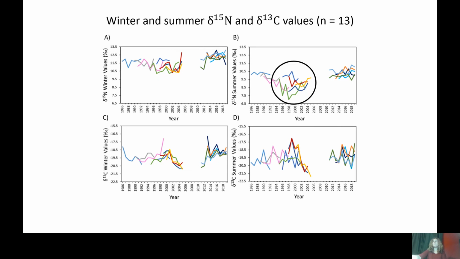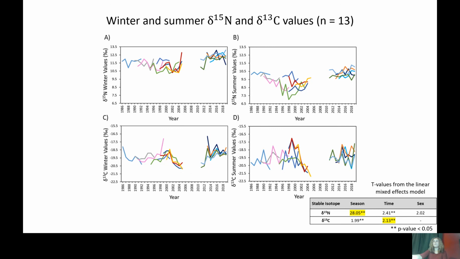There's more variation between individuals before 2010. After 2010, the individuals showed very similar patterns, especially in the delta 13C winter values. There's also an interesting decreasing trend in the delta 13C values in the whales between 1999 to 2005.